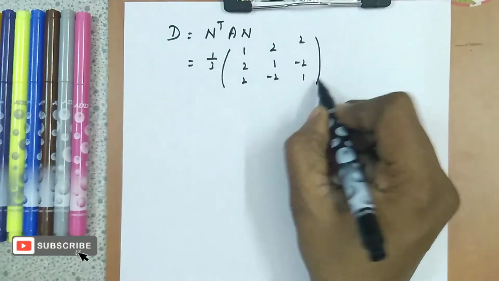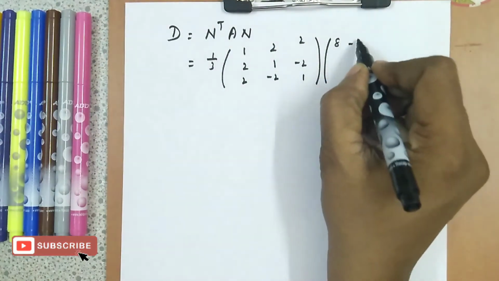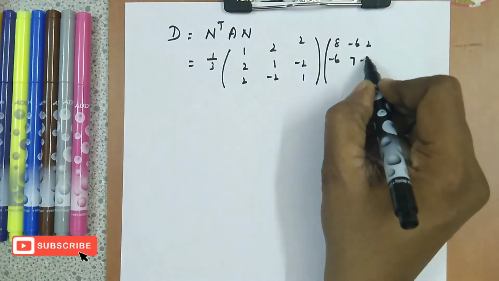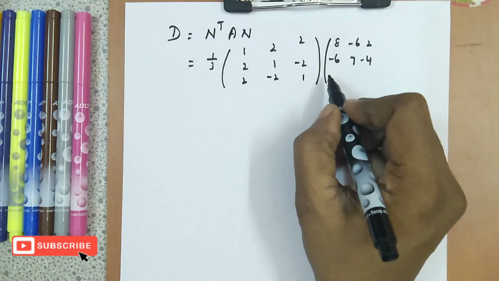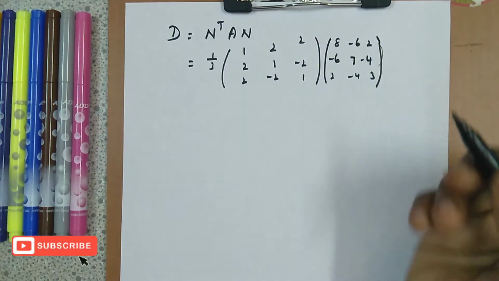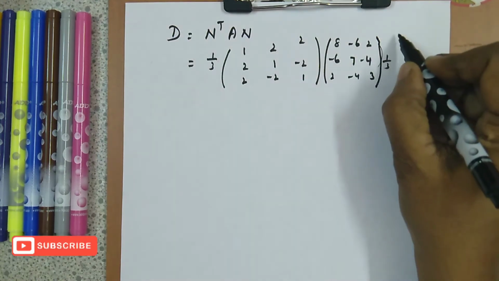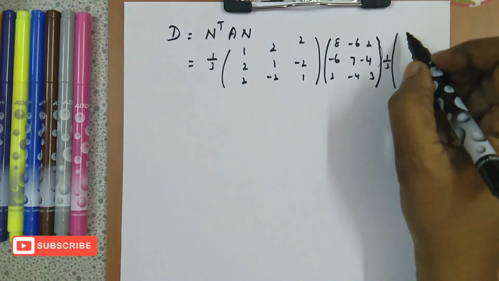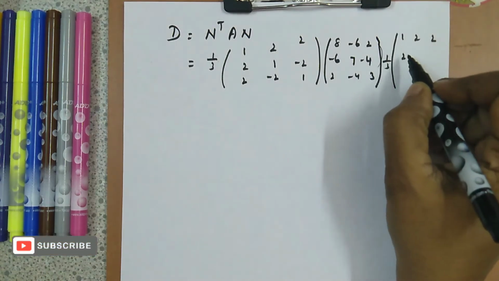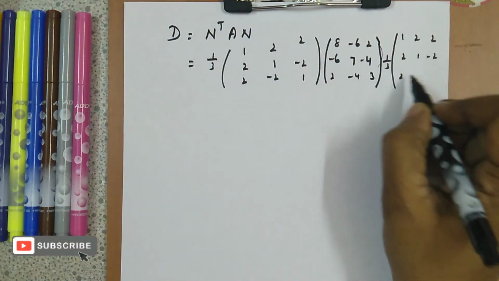A is nothing but the given matrix, [8, -6, 2; -6, 7, -4; 2, -4, 3]. And then the normalized matrix, we can also take 1 by 3 outside: 1 by 3 into [1, 2, 2; 2, 1, -2; 2, -2, 1].